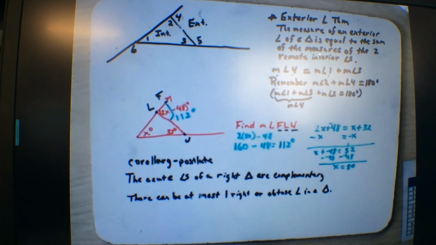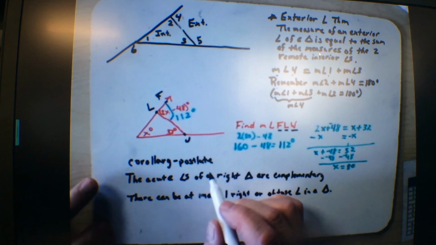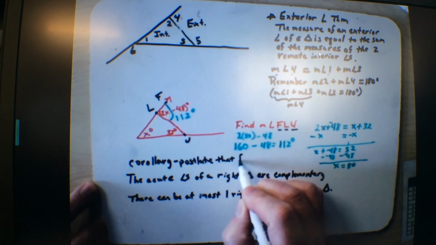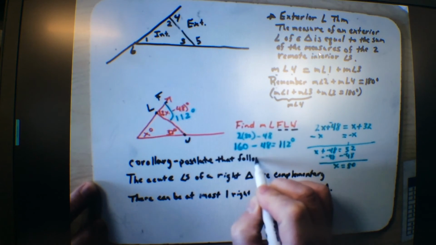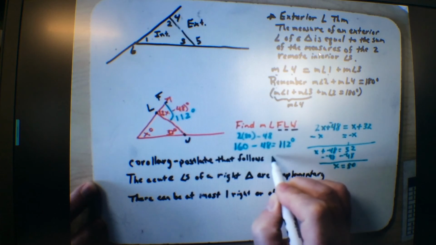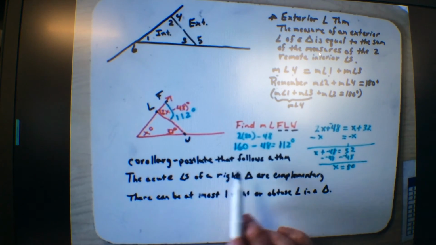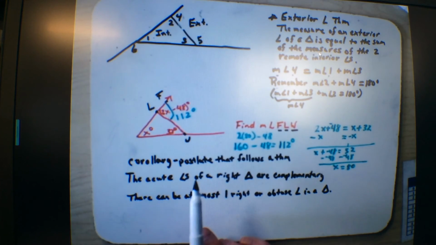A postulate, if you remember right, is a statement that we've never found a counterexample for. So a corollary is a postulate that follows a theorem. If you have a theorem, it says these follow directly from that theorem.